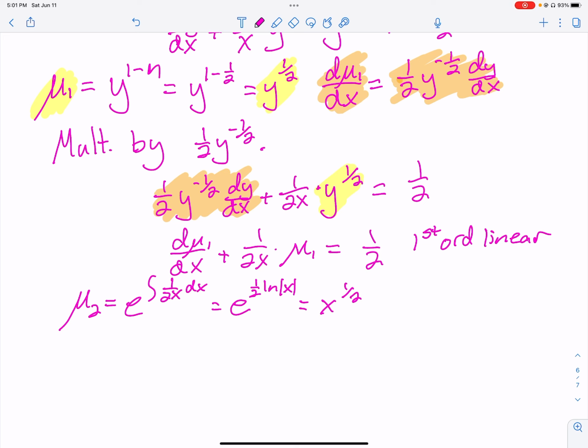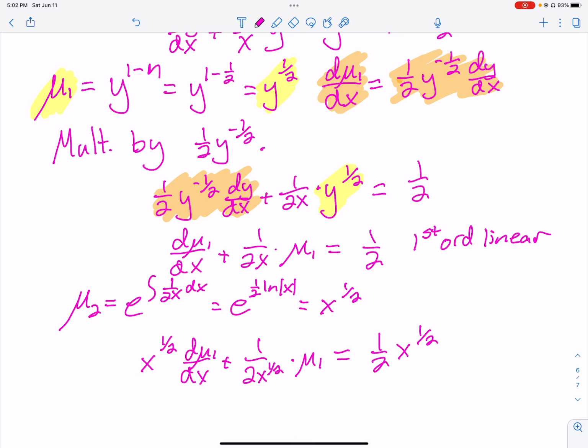So now I'm going to multiply my DE by that. So I get x to the 1/2 d mu1 dx plus 1 over 2 x to the 1/2 times mu1 equals 1/2 x to the 1/2.